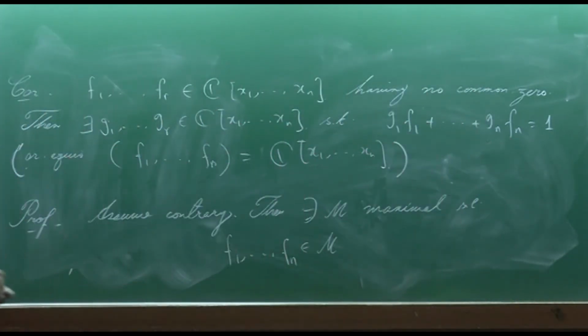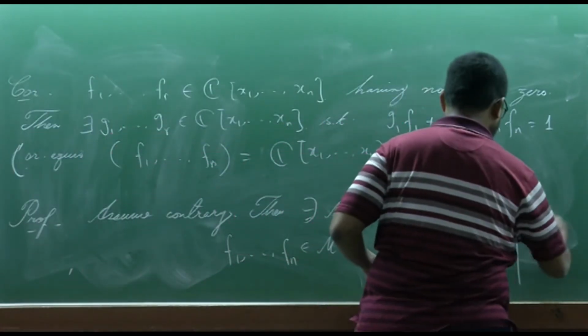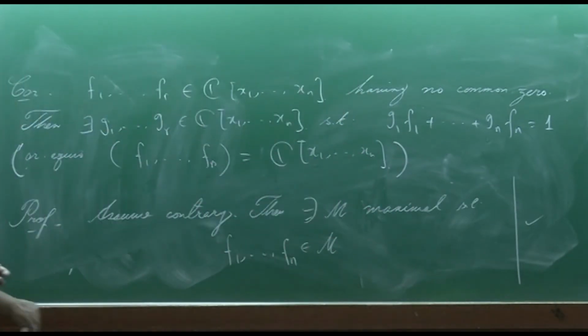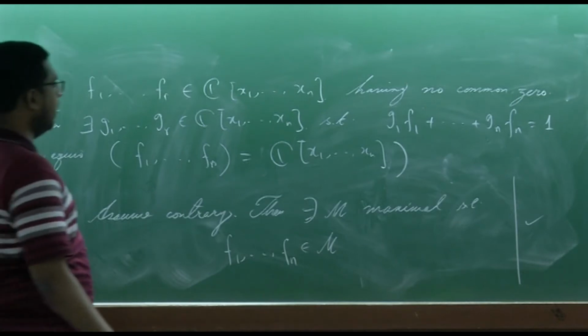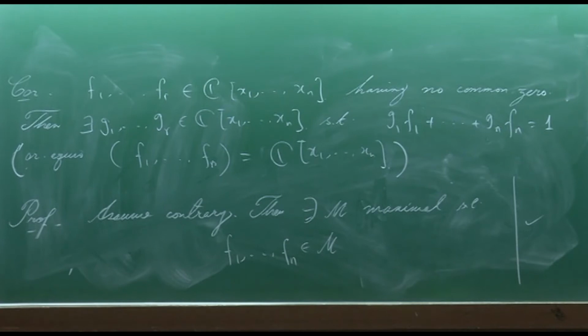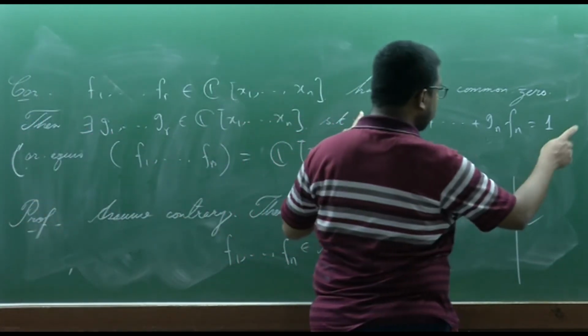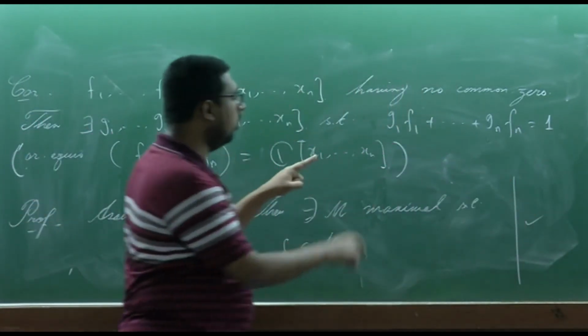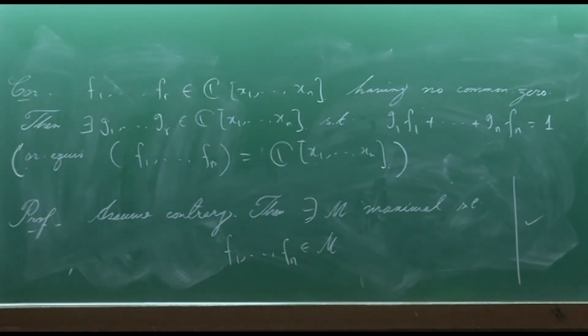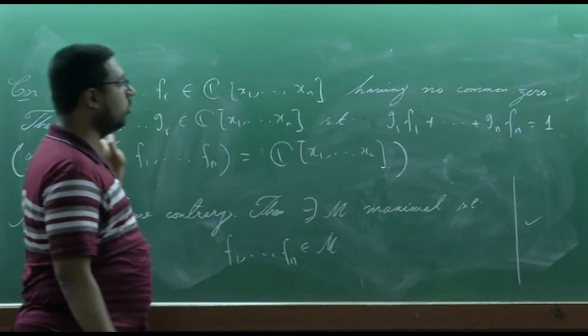So, in view of Hilbert's Nullstellensatz this is now done, but without using any connection with Nullstellensatz it is somewhat not so obvious. Of course, if this holds, then there cannot be any common 0. So, the main part is actually the opposite one that we have stated here, if there is no common 0.